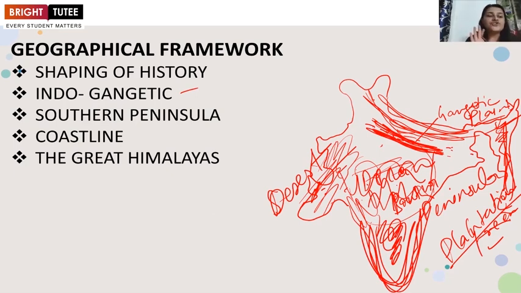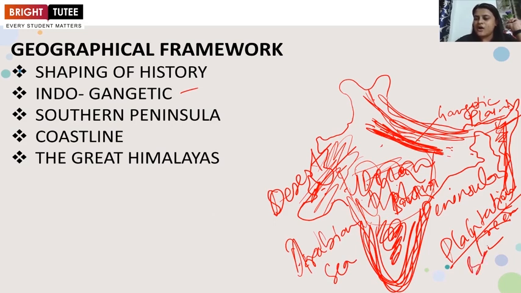So this was about the geographical framework through which we got to know lots and lots of things about the past. It's just an example. If we look at the coastline, through geography we understand that here it is the Arabian Sea, here it is the Bay of Bengal, and downwards there is the Indian Ocean.